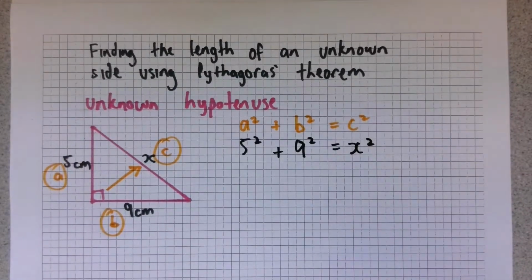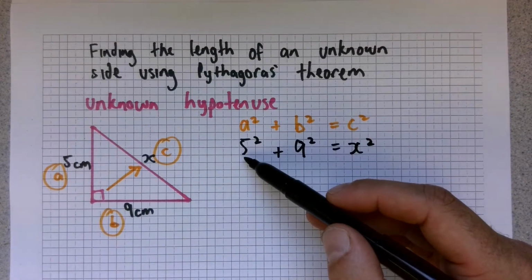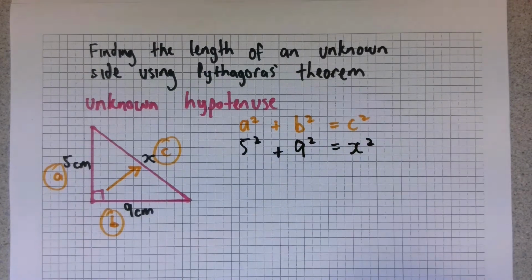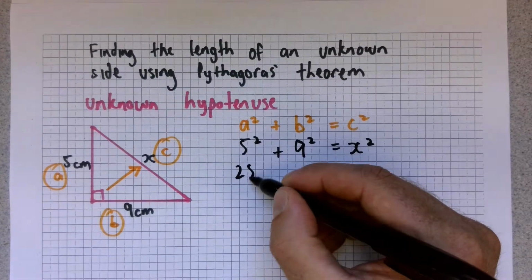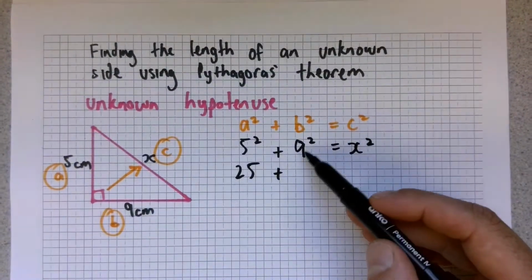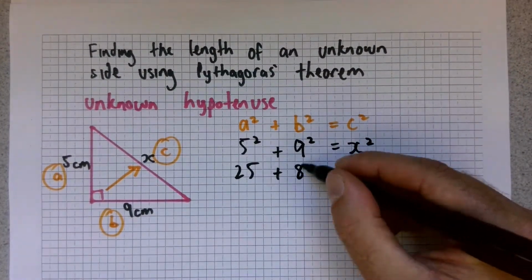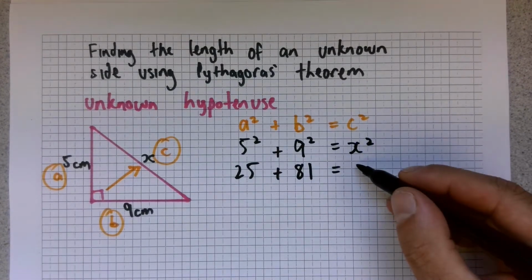Okay, now it's just about solving this equation, and we do that first by squaring 5, so 5 squared, remember it's 5 times 5, which is 25, 9 squared, 9 times 9, 81, and that's equal to x squared.